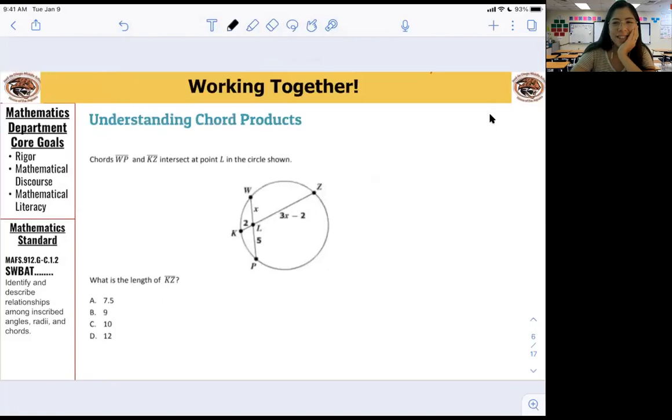Interesting. Okay. 10, 9, 8, 7, 6, 5, 4, 3, 2, and 1.